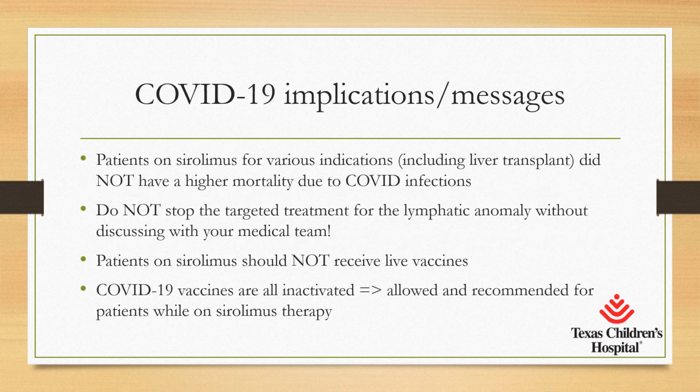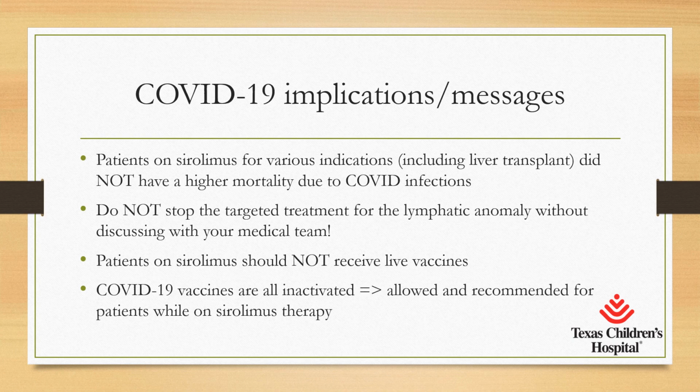And I couldn't help but add a slide on COVID just because it seemed quite timely. The patients on sirolimus for various indications, including liver transplant, did not have a higher mortality due to COVID infections. There was a recent publication, again, specifically on patients with liver transplant.